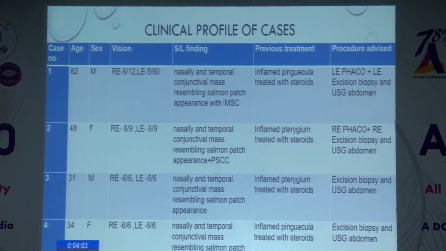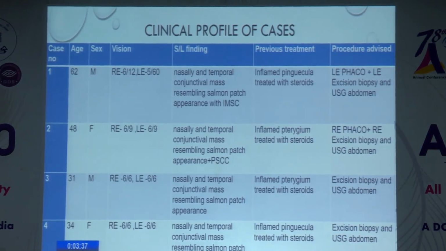So we advised the patient left eye phaco with left eye excision biopsy and ultrasound abdomen. Actually all the 4 cases were advised excision biopsy and ultrasound abdomen, but as case 1 had a cataract of NS grade 3, phaco was advised, and case 2 had a posterior subcapsular cataract due to long-term administration of topical steroids. So in that case right eye phaco was advised along with excision and ultrasound.